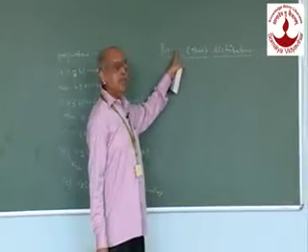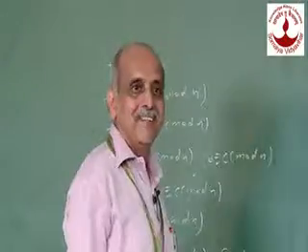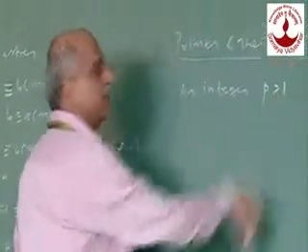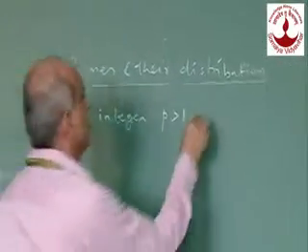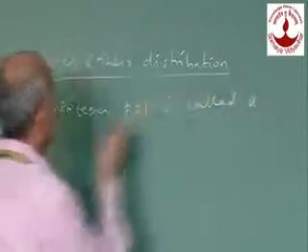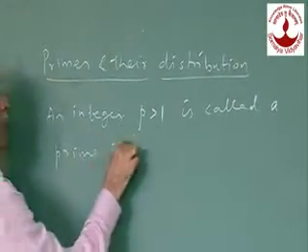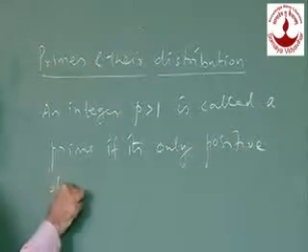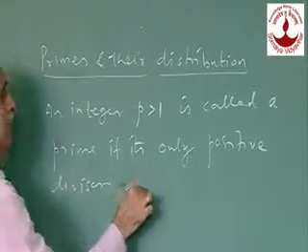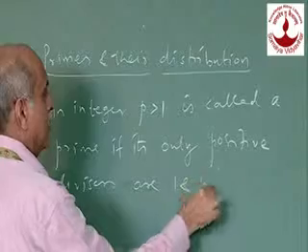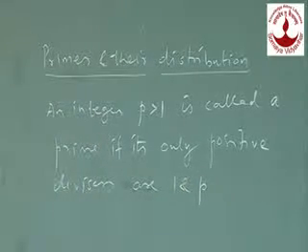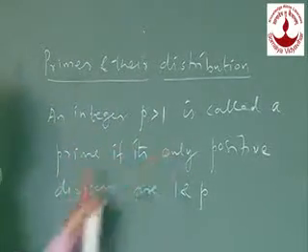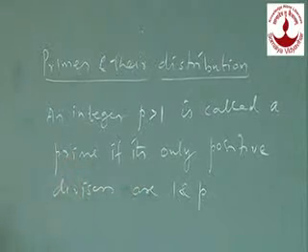An integer p greater than 1 is called a prime if its only positive divisors are 1 and p. There might be negative divisors, minus 1, minus p. So an integer greater than 1 is called a prime if its only positive divisors are 1 and p. No other number divides that number.